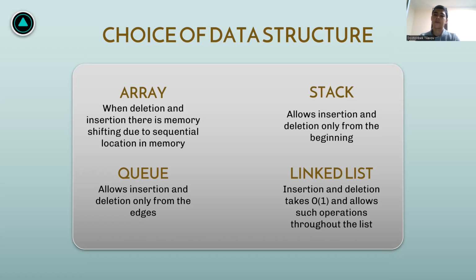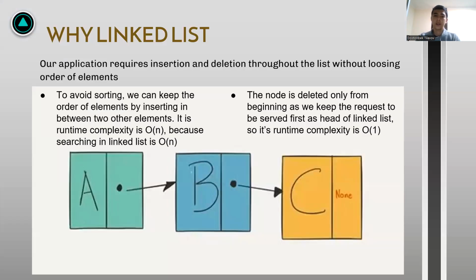Some parts are taken from the stack data structure, because insertion and deletion take O(1) time complexity and allow such operations throughout the list, not only from the beginning or the end. Why a linked list? Our application requires insertion and deletion throughout the list without losing the order of elements.